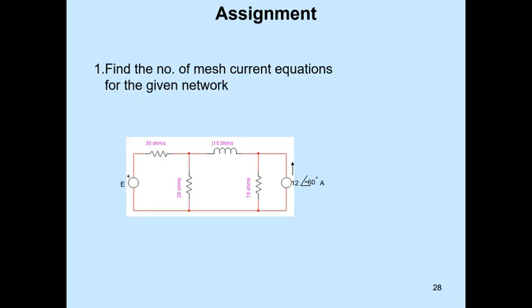And how many nodes? 1, 2, 3. 3 nodes. 5 minus 3 plus 1 is equal to 3 mesh equations.